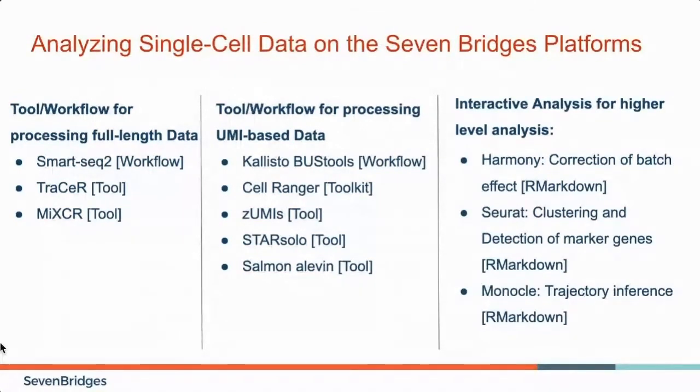For processing full-length single-cell data, we have a SmartSeq2 workflow, which we will describe in more detail in the last part of the presentation, and two tools, TRACER and MiXCR, that can be used for the reconstruction of T and B cell receptors. For processing UMI-based single-cell data, we created a Callisto BUStools workflow.